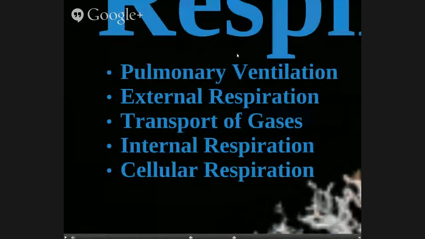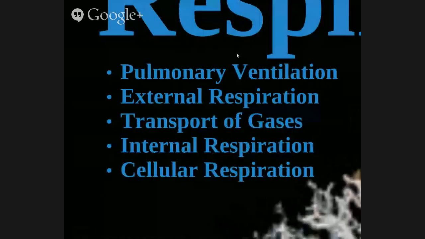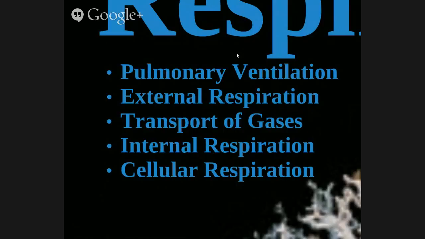Okay. The other thing I want to talk about is sort of the functions we associate with the respiratory system. The first thing, pulmonary ventilation, means breathing, okay, to ventilate, to move air in and out of the lungs. And then external respiration means gas exchange.